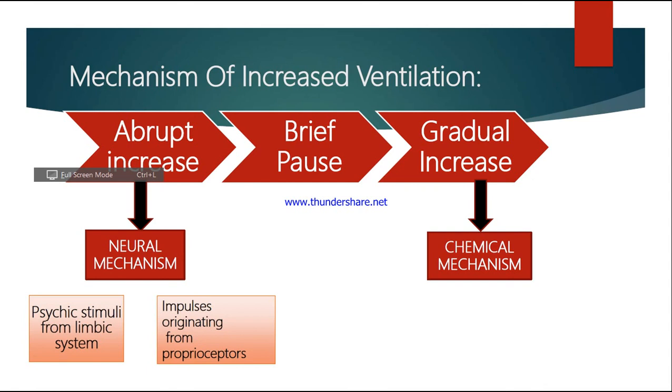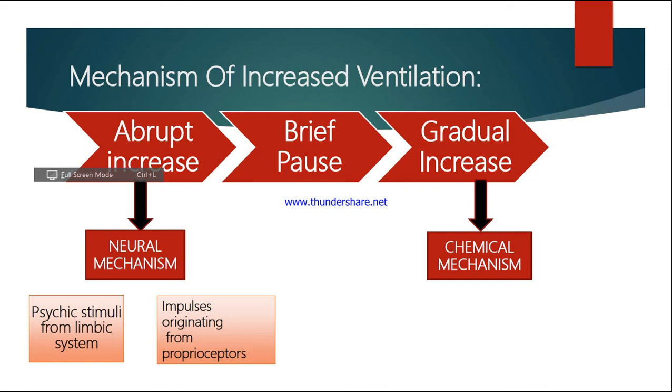What is the mechanism of increased ventilation? When there is an abrupt increase in ventilation, then there is a brief pause and then a gradual increase. There are explanations for both of these. Abrupt means an acute increase.